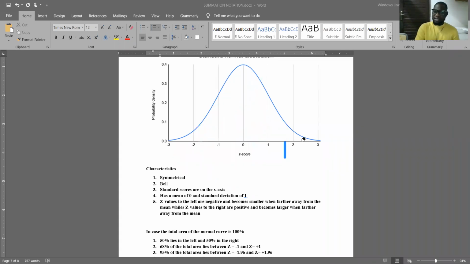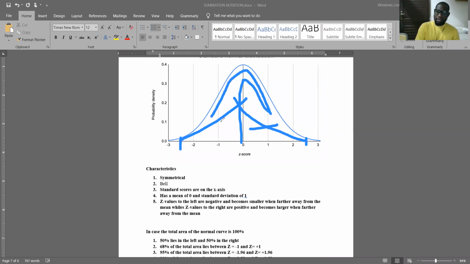But in an instance where the z-score values take about -2.58 to +2.58 within the normal curve distribution, then the values cover about 99% of the total area. So these are some of the key things you need to know about the normal curve distribution.